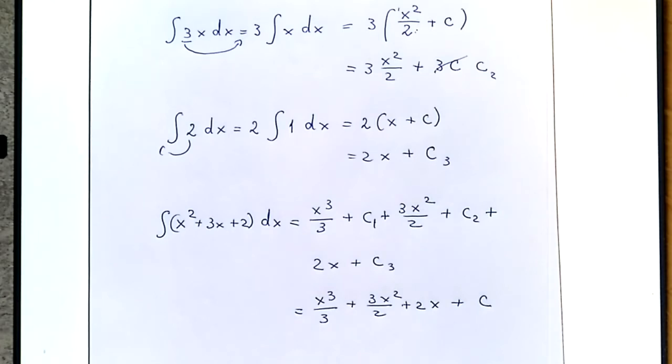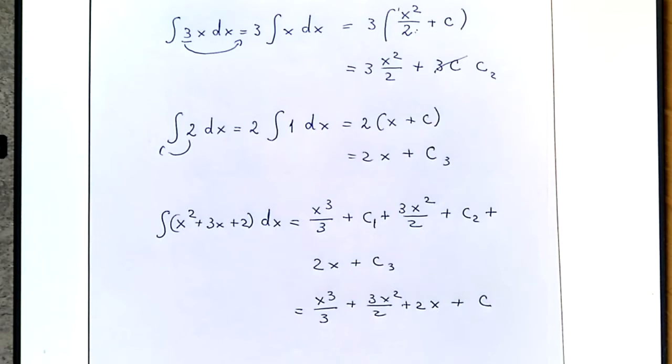Your only concern with these constants is when you have to compute an indefinite integral, which is just this type of integral that you see, just to write a c at the end, okay? This is the only thing you need to care about for now. This is the indefinite integral. Any questions on it?